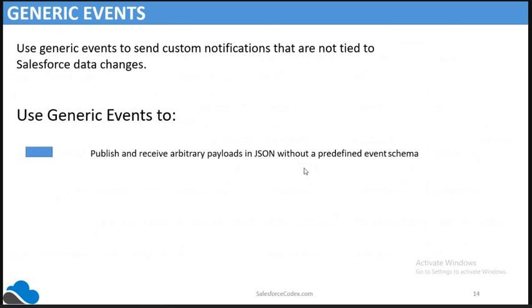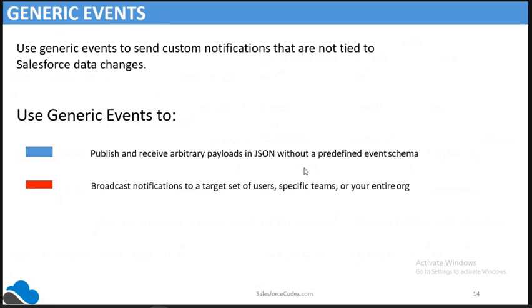Use generic events to publish and receive arbitrary payloads in JSON without a predefined event. In this case there is no predefined schema. We don't have any predefined fields which need to be shared with the client. We just send anything, and in that case we go with the generic event.